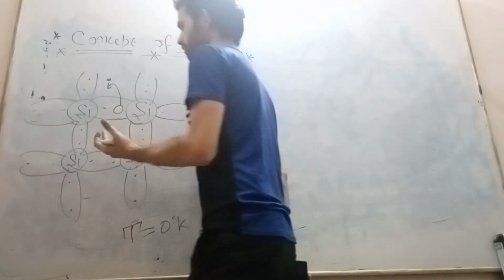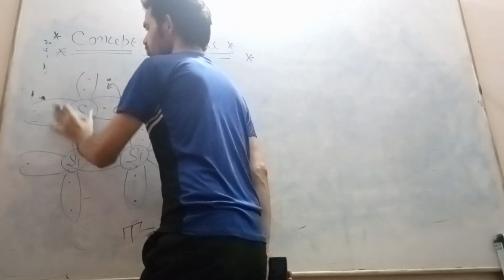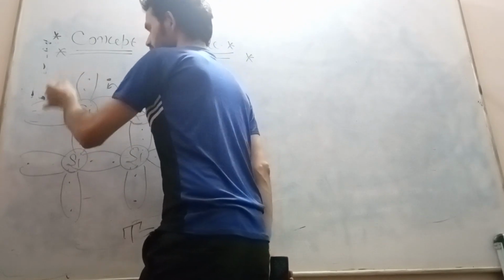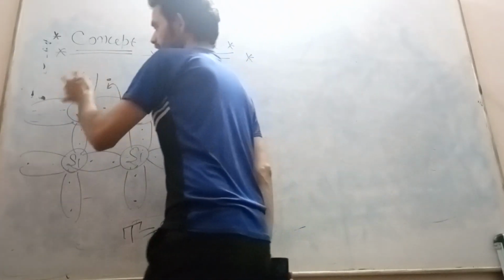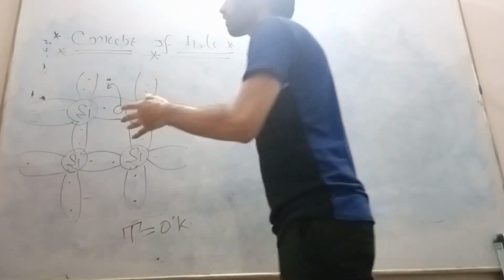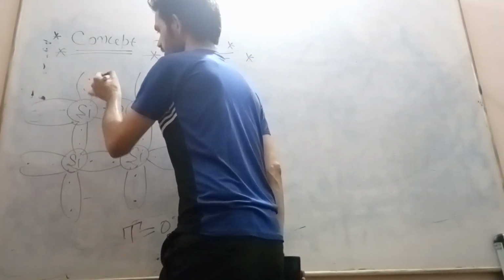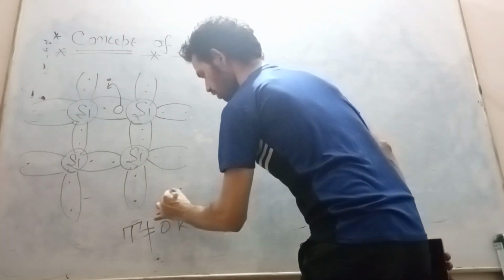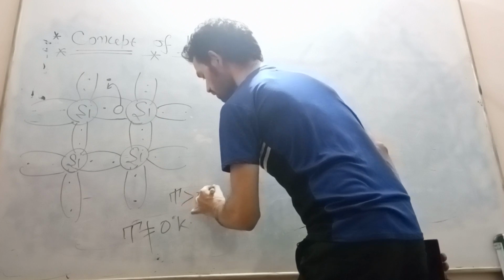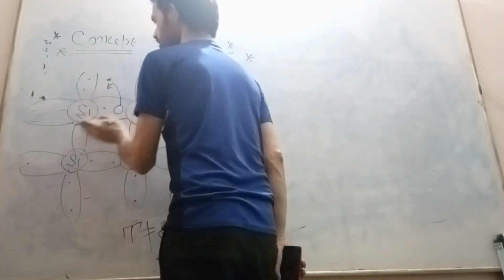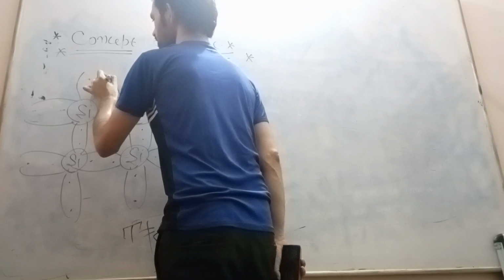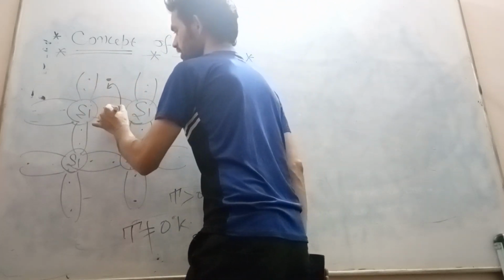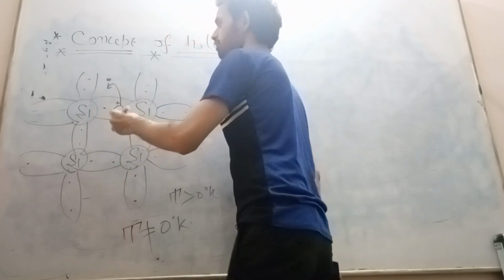Valence band representation means the outermost shell electrons. As the temperature increases, let us say T is not equal to 0, T is greater than 0 degree Kelvin, this electron will get thermal energy and jump to the conduction band, the interatomic space inside the crystal. Then a positively charged empty state is created.